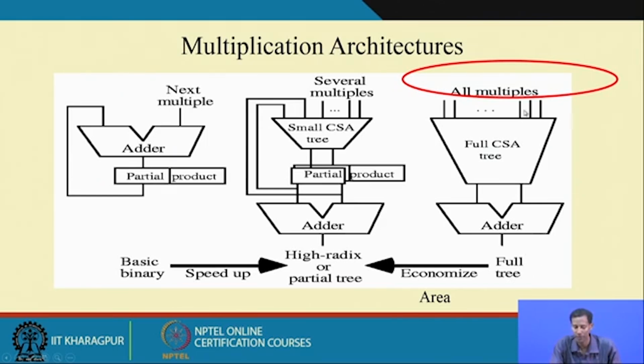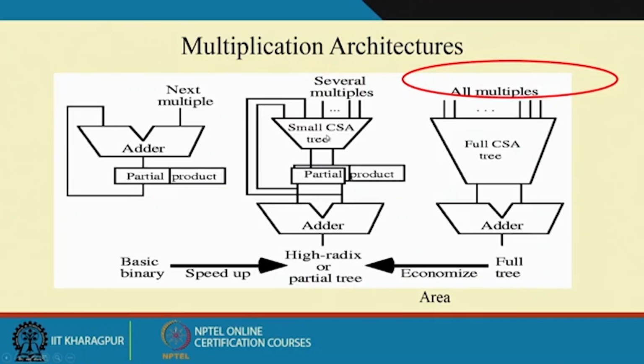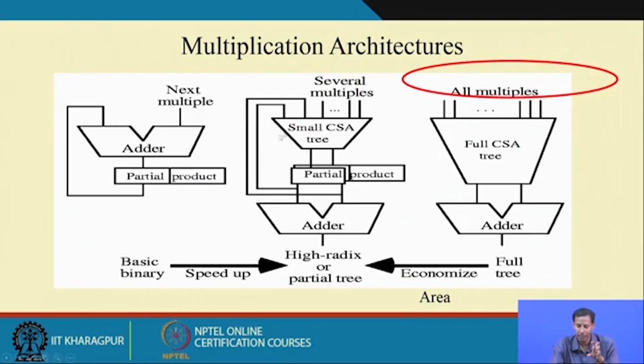Then there is another method where I consider a partial tree. Instead of the whole tree, I consider only a partial tree, calculate some of the carries using carry save adders, use very few of these partial products, and finally add those in a carry propagate adder.